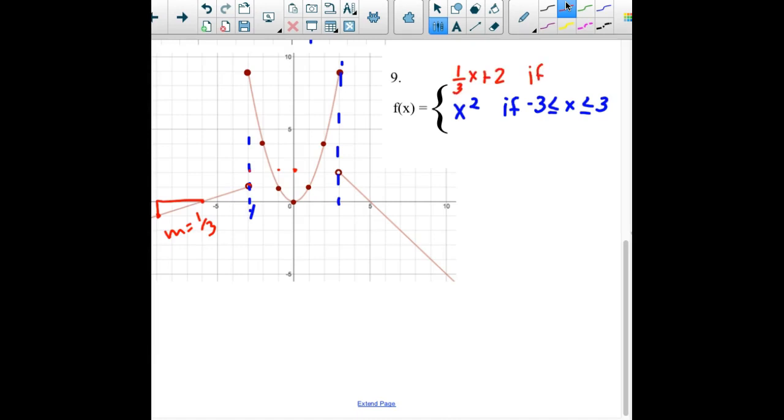And that works for x's that are less than -3? Okay. How about for this one? Slope looks like -1. Okay, so we have a -1x. And if we extend it back, we're hitting at 5. And that works for x's that are greater than 3.